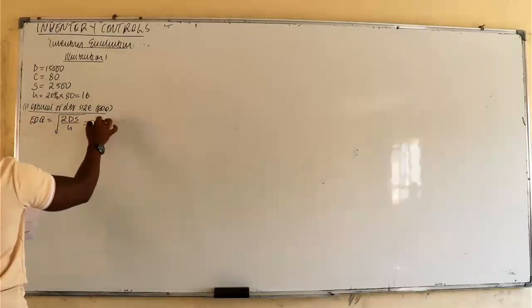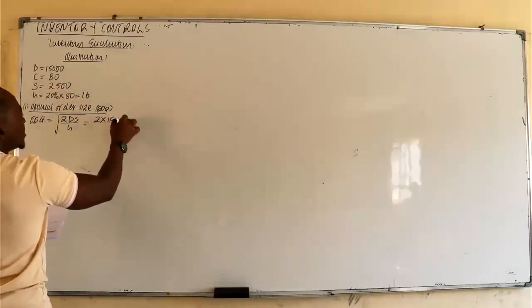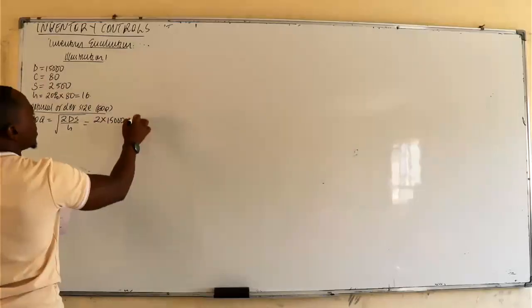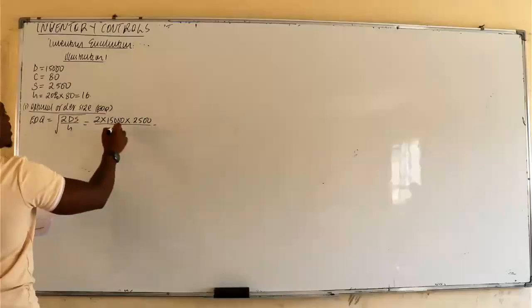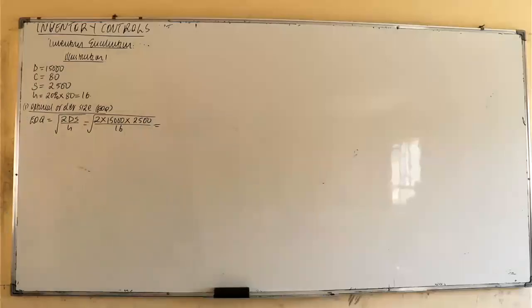This is our annual demand, 15,000. Then you multiply by S, the fixed ordering cost, which is 2,500. Then you divide by the holding cost of 16.